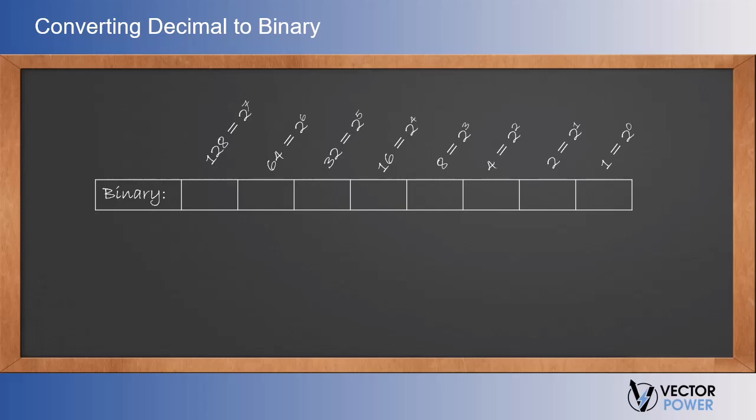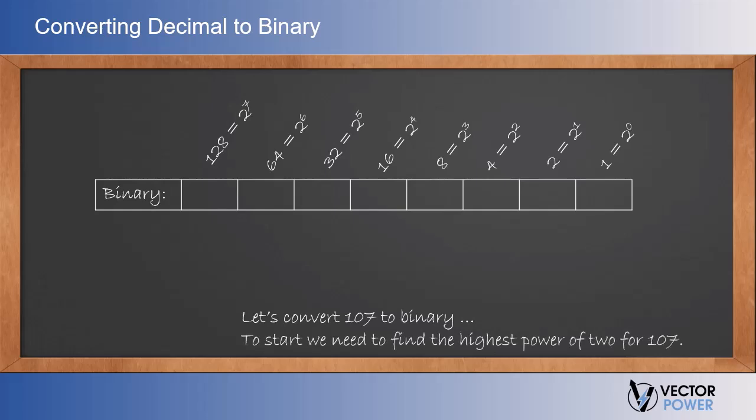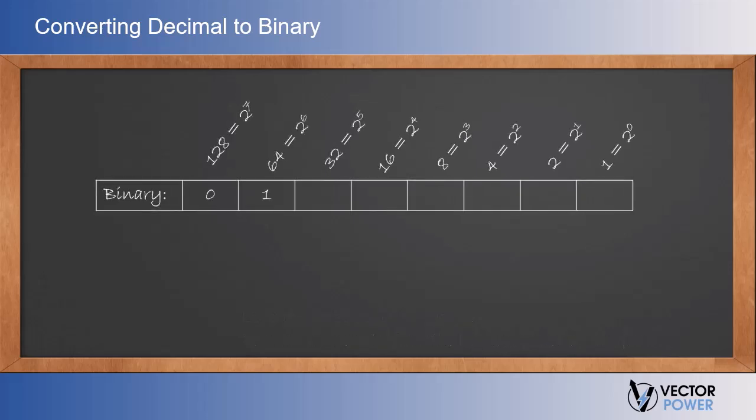Let's convert 107 to binary. To start, we need to find the highest power of 2 for 107. The highest power of 2 for 107 would be 64. Therefore, we place a 1 in the 64 column and subtract 64 from 107, leaving us with 43.